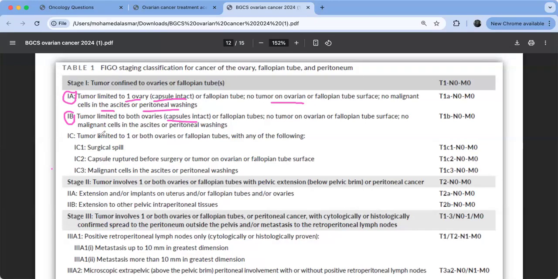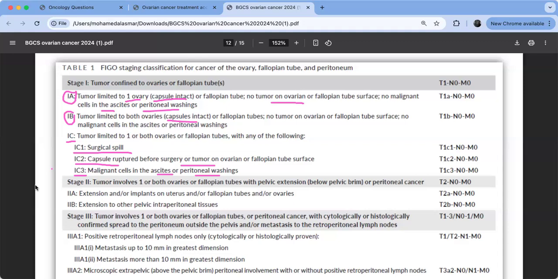Two ovaries, yes, but still good. 1C is tumor limited to one or both ovaries or fallopian tubes with any of the following. 1C1 is a surgical spill. 1C2 is capsule ruptured before surgery or tumor on ovarian or fallopian tube surface. 1C3 is malignant cells found in ascites or peritoneal washing. Okay? Easy, right?